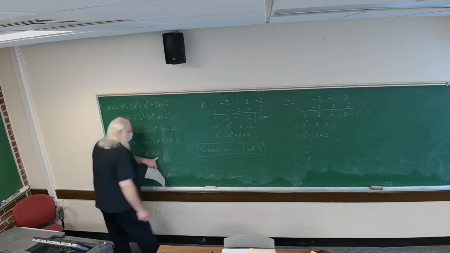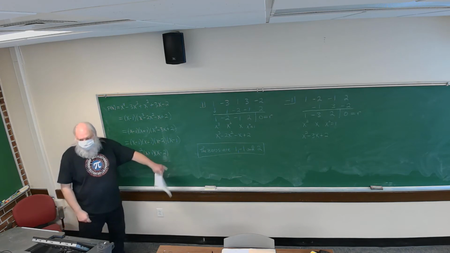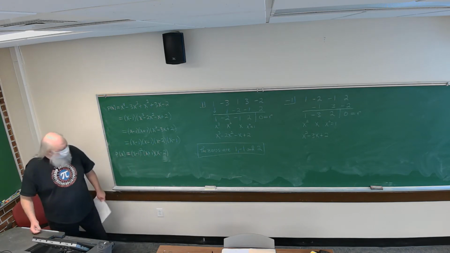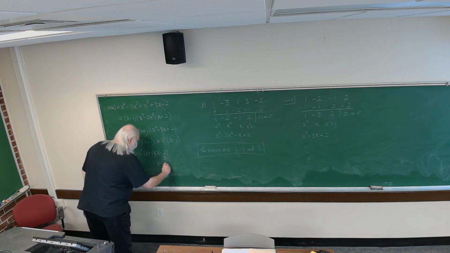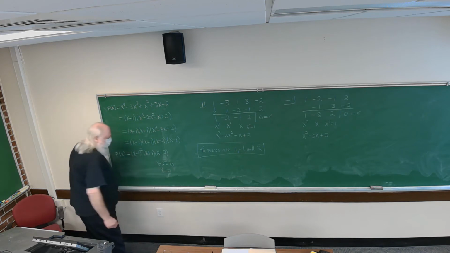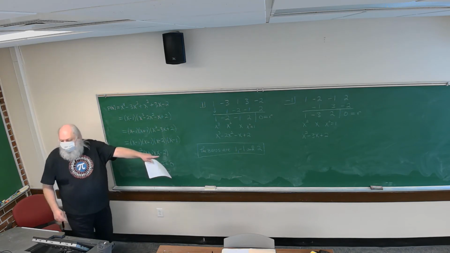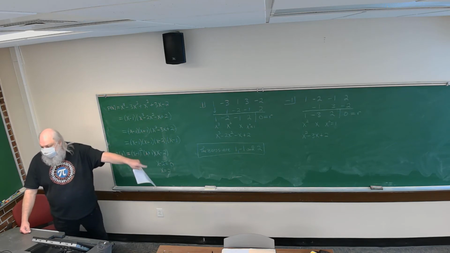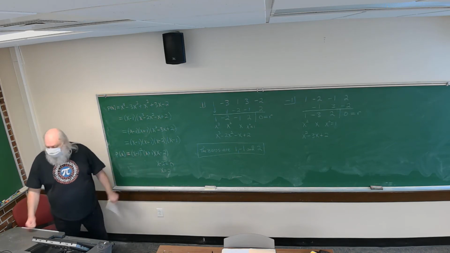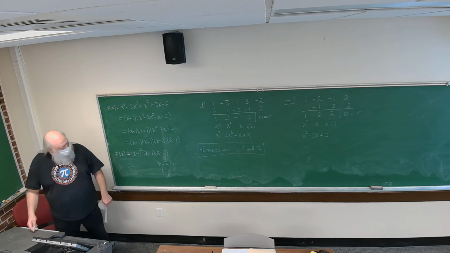Right? When you set this last factor, x minus 2, equal to 0, and solve for x, you get x is equal to 2. Was 2 in our possible rational zeros? Yeah. Is 2 a rational number? Yes. Okay.